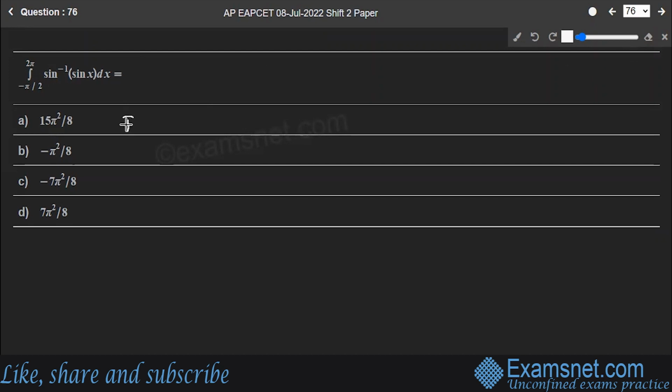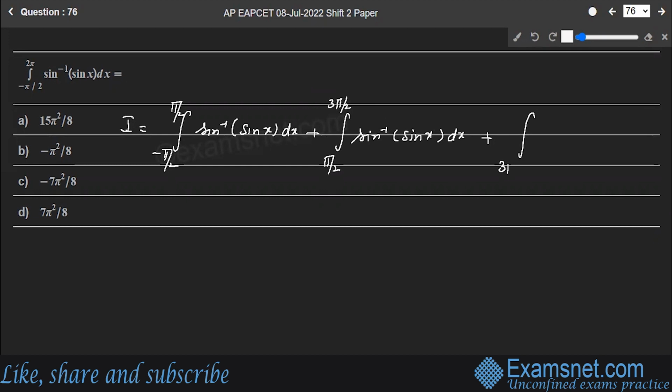So I is equal to the integral from minus pi by 2 to pi by 2 of sine inverse sine x dx, plus the integral from pi by 2 to 3 pi by 2 of sine inverse sine x dx, plus the integral from 3 pi by 2 to 2 pi of sine inverse sine x dx, right?